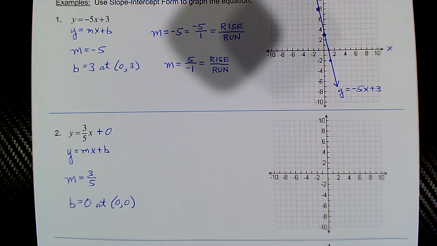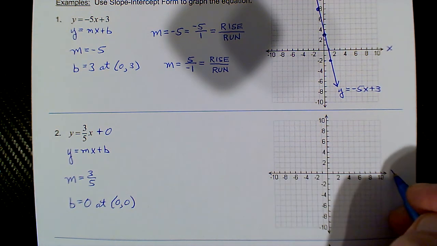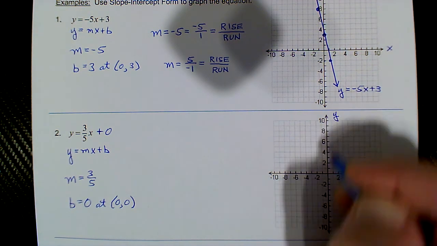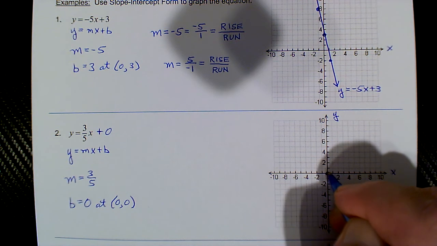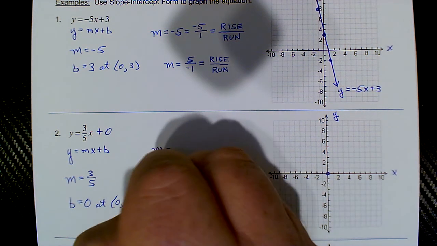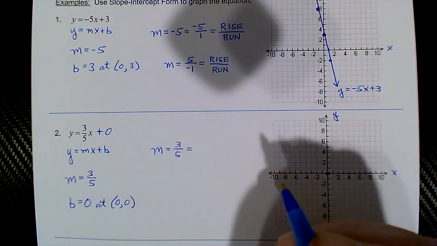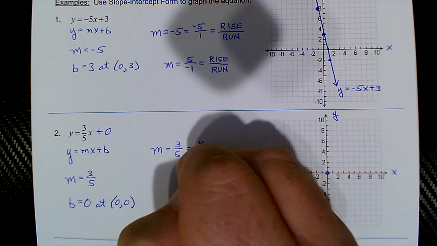So when we go to graph this, we again plot the y-intercept first. That happens to be the origin, (0, 0). And then from that point, we use the concept with the slope again. Now this is a fraction already, so think of it as rise over run.